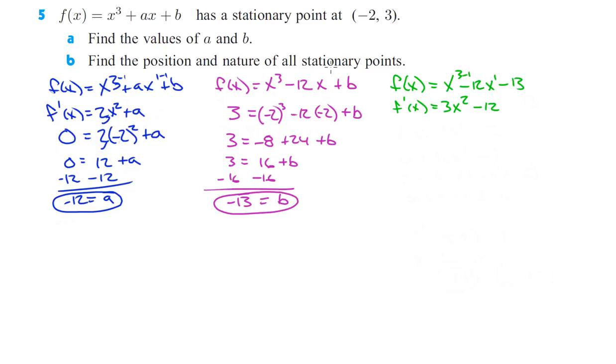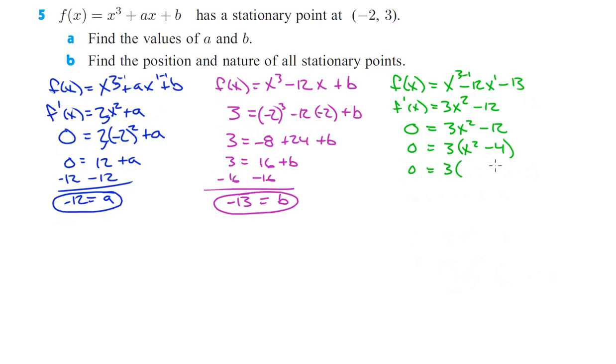Okay, so there's our derivative. So if we're trying to find all the stationary points, we know that the stationary points have a slope of 0, so we set f prime of x equal to 0. 3x squared minus 12. So let's see, we can factor a 3 out of that, and we're left with x squared minus 4.